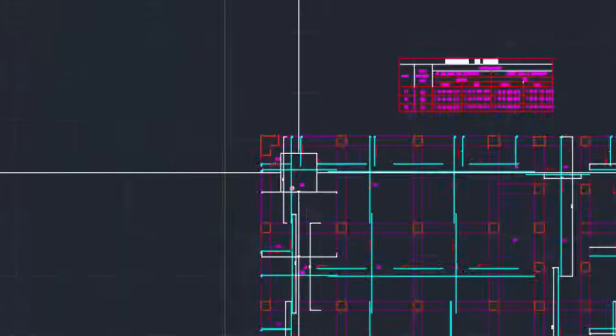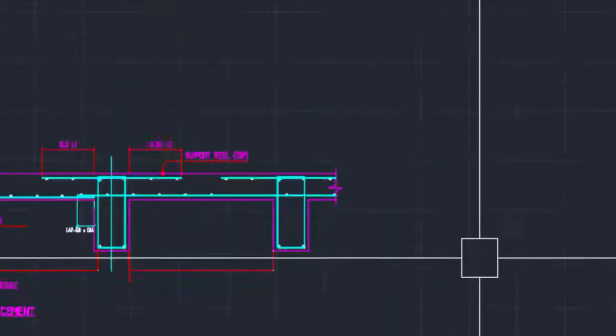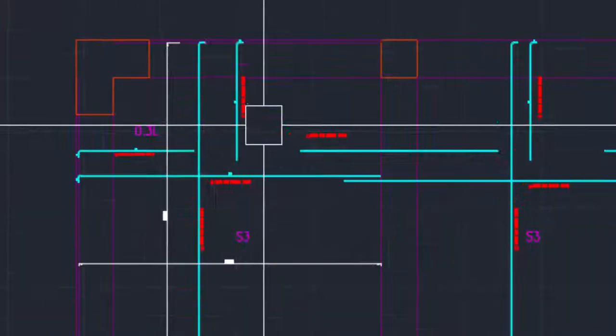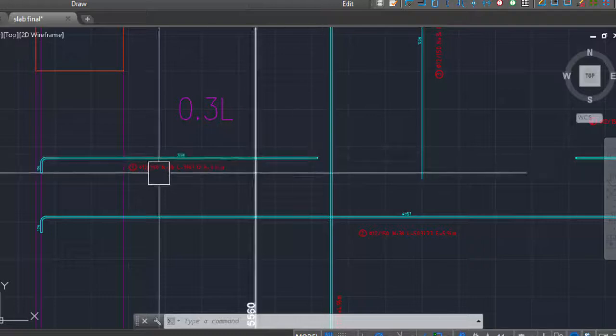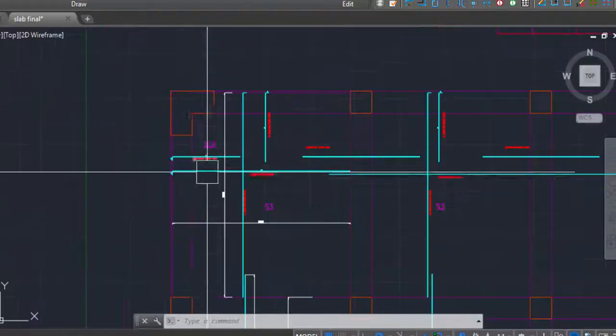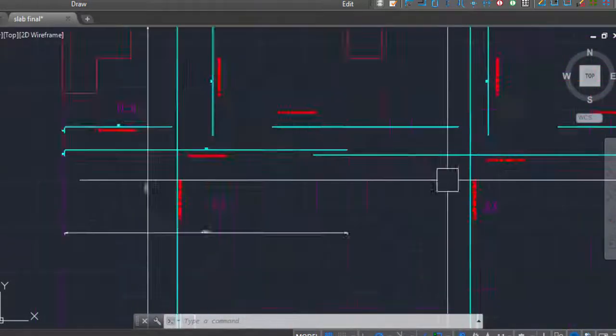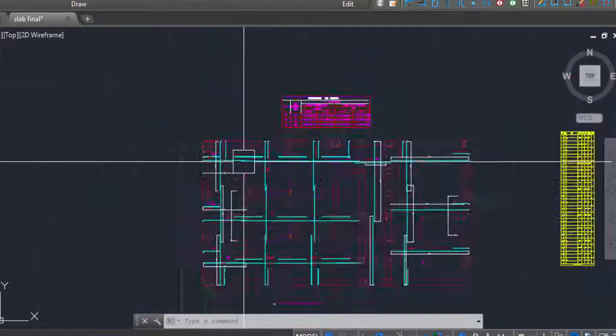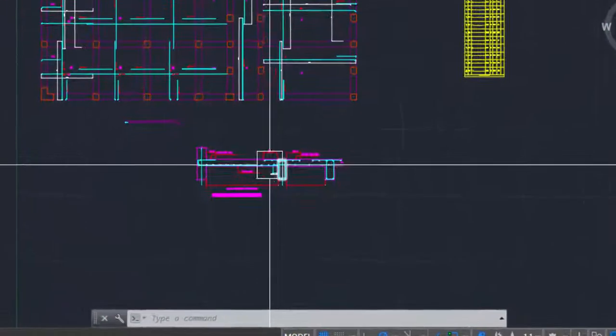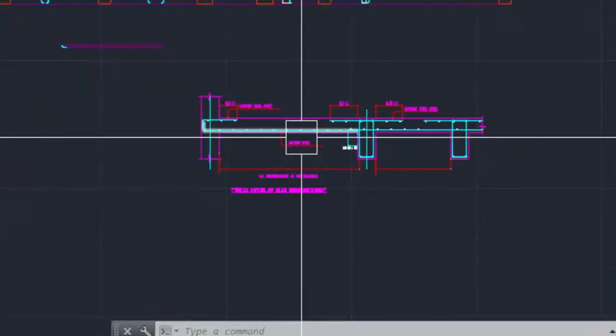But before I go deep into it, I will take you to a section to show what this 0.3 L is, and why this bar is only this much length while this bar has full length, and you can see it is coming over each other. So I will take you to the section so that you can understand what this is.